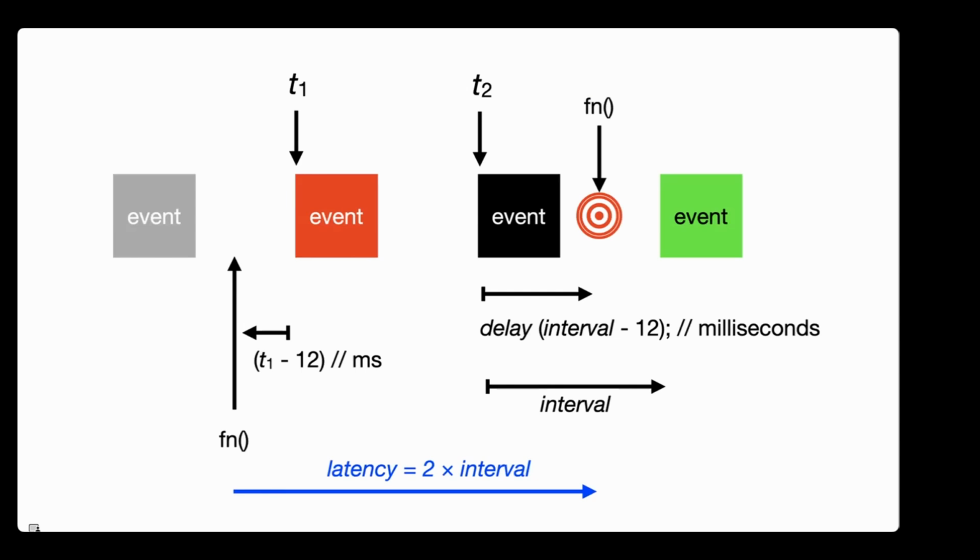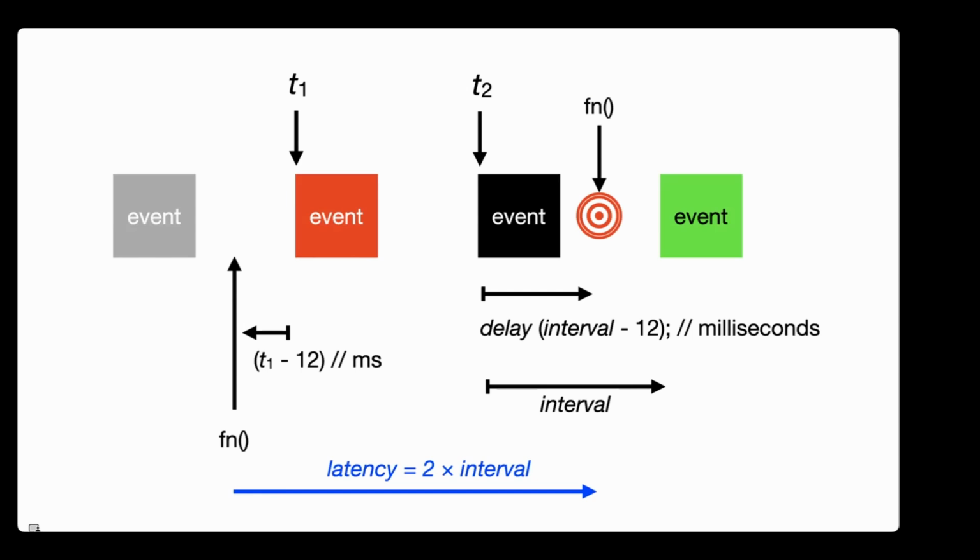And I wait for one event after that, then start counting cycles. I count cycles up until 12 milliseconds before I know the next event will occur and call the function then. This solved my problem. I swear this was a real problem that I ran into. The solution only works for repeatable, predictable events that occur at known intervals. I really want to call my function 12 milliseconds before this event in red, but I can't do that. So instead, I wait for the event in black to occur at a known predictable interval later.